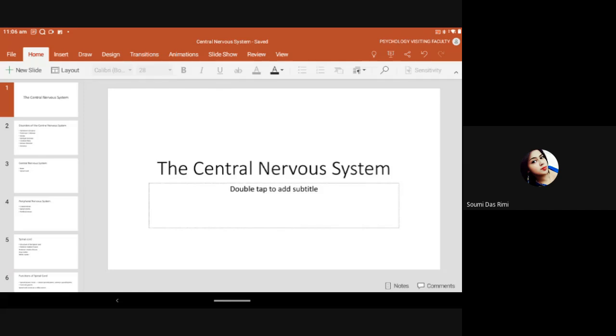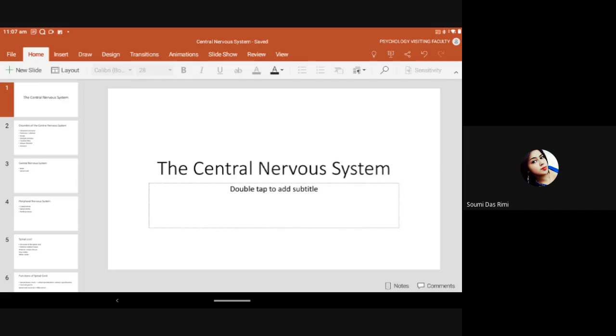These are the two main functions of the sympathetic division, while the parasympathetic division conserves energy and handles the rest and digest responses. So these are the main divisions of the nervous system.